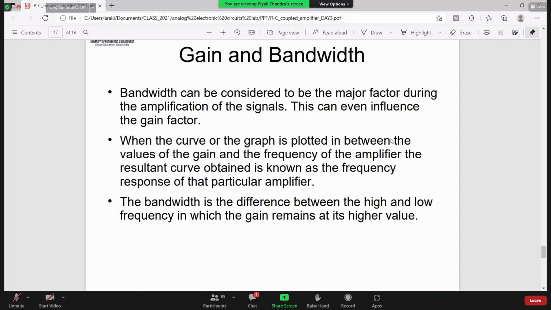So bandwidth and gain actually depend on each other. The curve or graph is plotted between the values of gain and the frequency of the amplifier. The resultant curve obtained is known as the frequency response of that particular amplifier. The bandwidth is the difference between the high and low frequency.